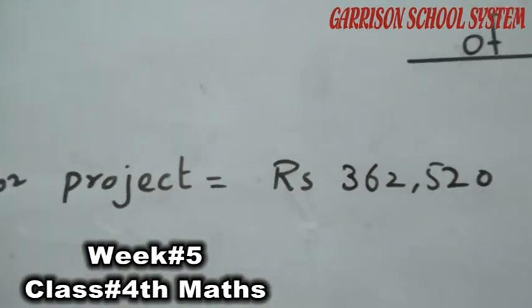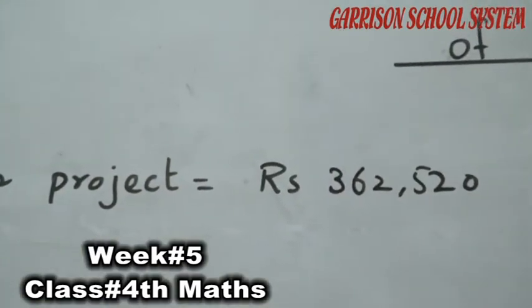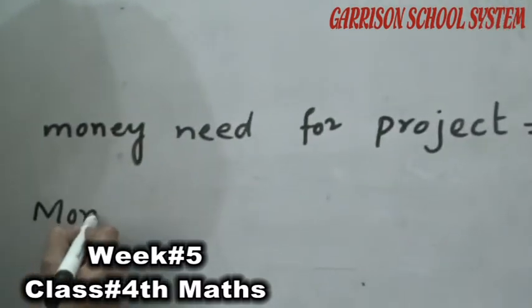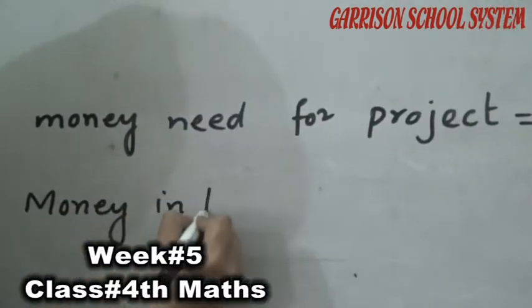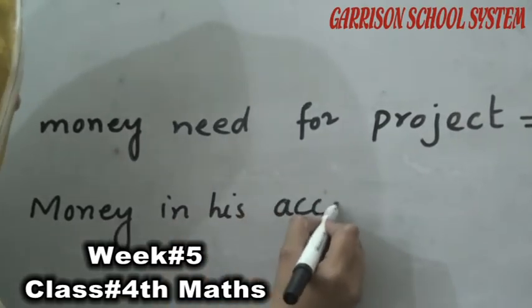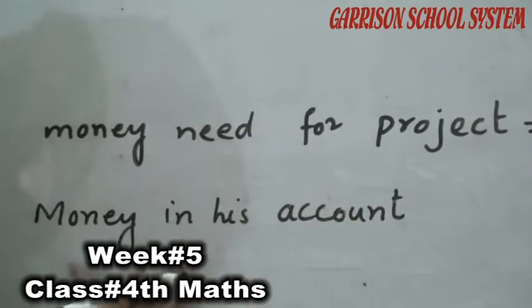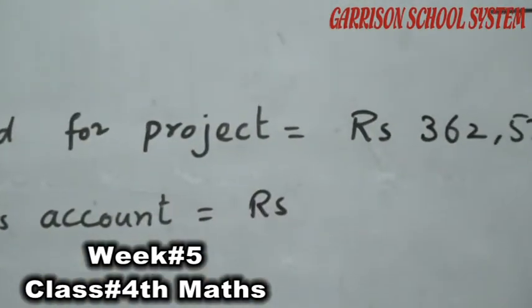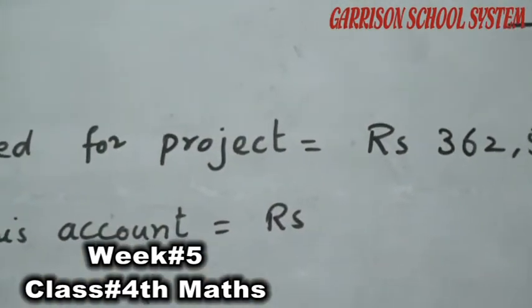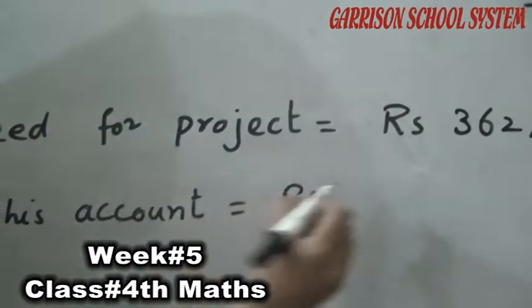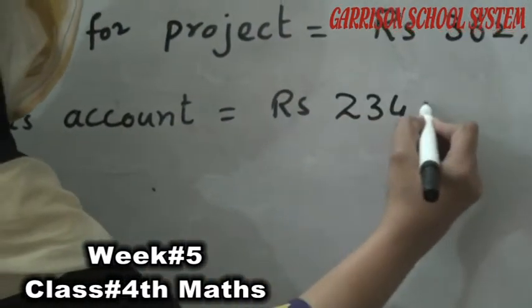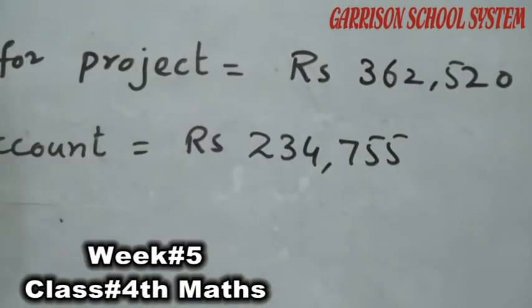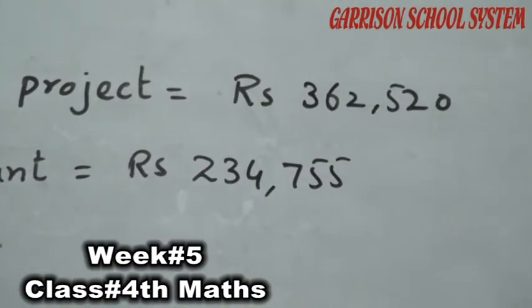But Mr. Kamal has money in his account, just rupees, in your book it is written here, 234,755.